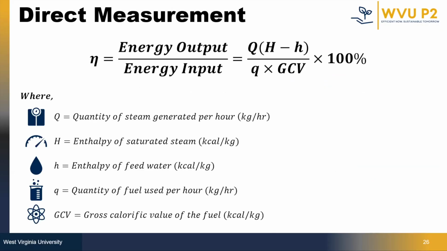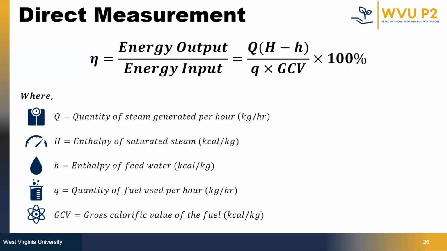Finally, the most accurate but most complex method is the direct measurement of input and output. To measure the input, we need to know how much energy is contained in the fuel that the boiler uses. The amount of fuel used per hour and the gross calorific value, which is how much energy the fuel contains per volume, must be known.